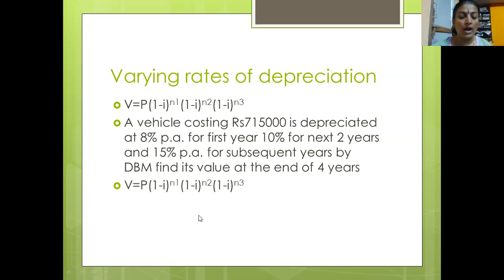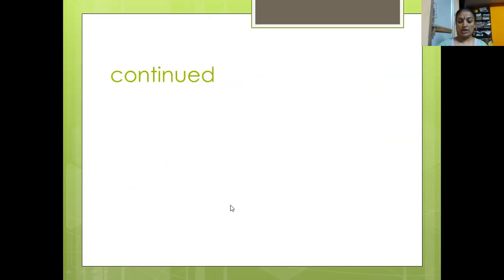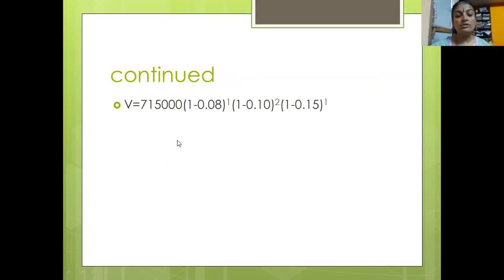V is equal to P(1 minus I) raised to the power of first year, then comes the next 2 years, then comes the last, that is the 4th year. What is the rate of depreciation? That we have to write. Here P is 7,15,000, and 1 minus 0.08 for the first year, 1 minus 0.10 for the second and third year, for 2 years, then 1 minus 0.15 for the 4th year. This we have to do.